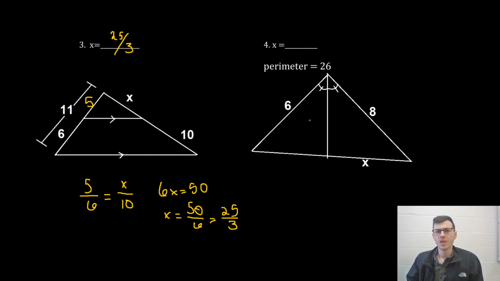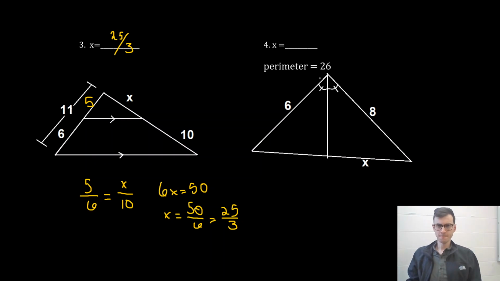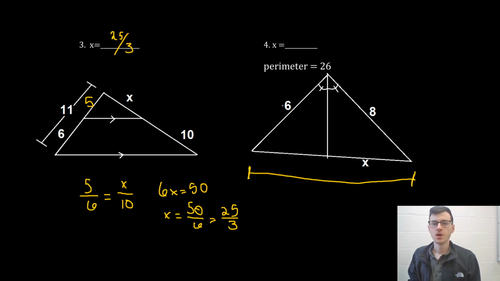Okay, last one. The perimeter is 26. Okay, this is going to be a little bit tricky. So the perimeter is 26. That means 6 plus 8 plus x plus whatever this is equals 26. So what is this entire side length? Well, 6 plus 8 is 14.